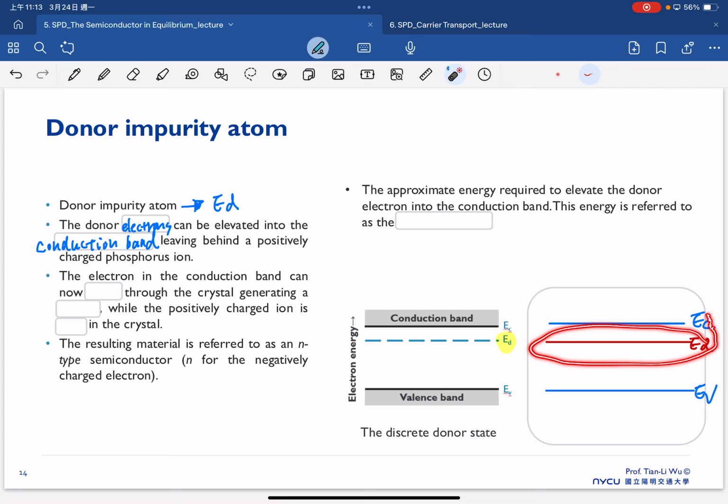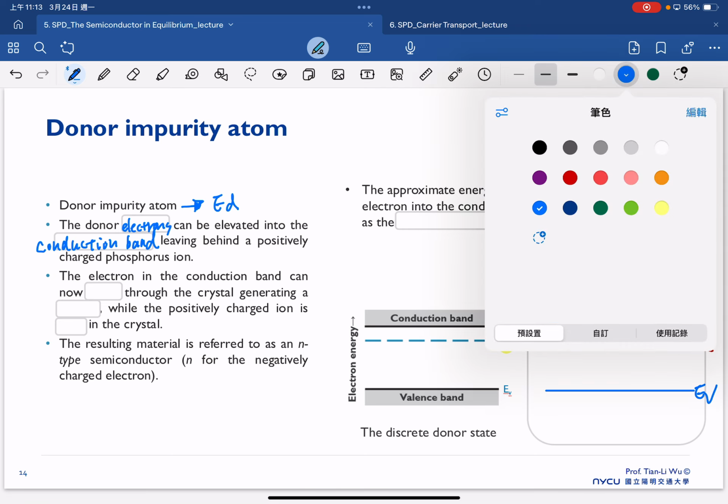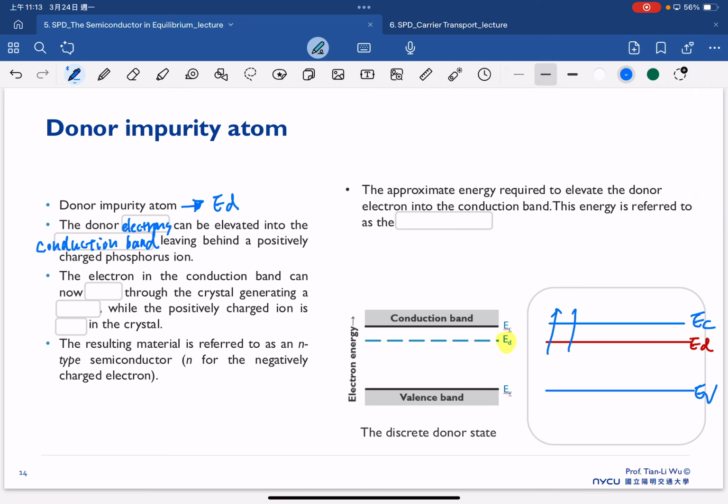And this contribution of free electrons, in terms of energy level, is actually as the electrons jump to the conduction band, because we all know the conduction band is empty.